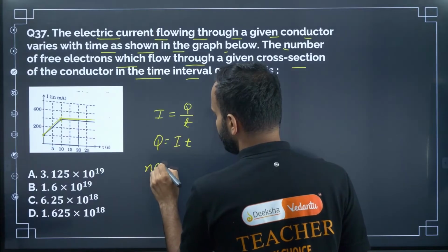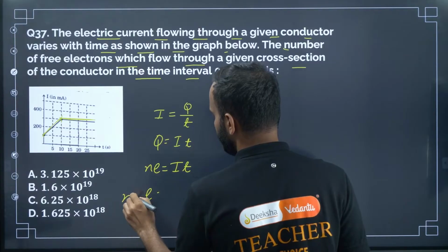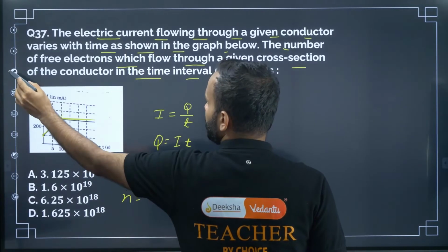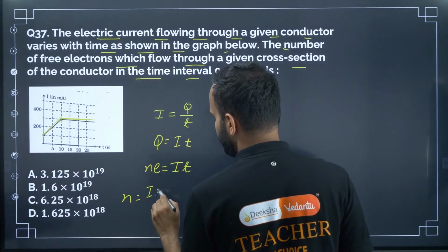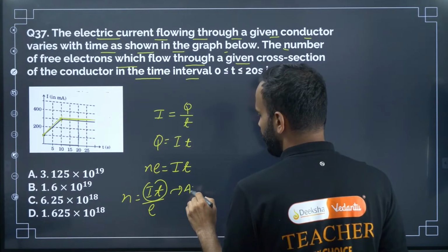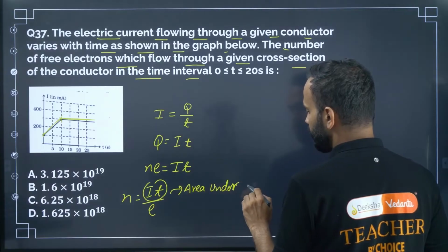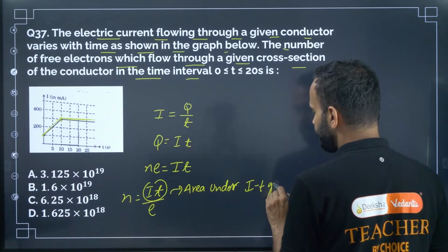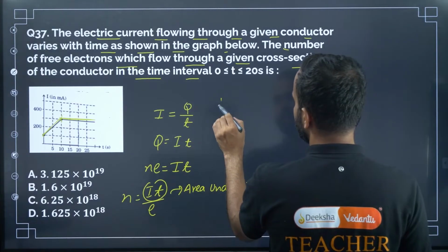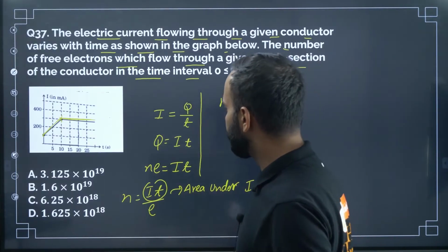Q equal to N into E, N into E equal to I into T. So N equal to I T by E. So what is I into T? I into T is the area under the I-T graph, okay, the area under the I-T graph. So now N is equal to, what is the area under the I-T graph?